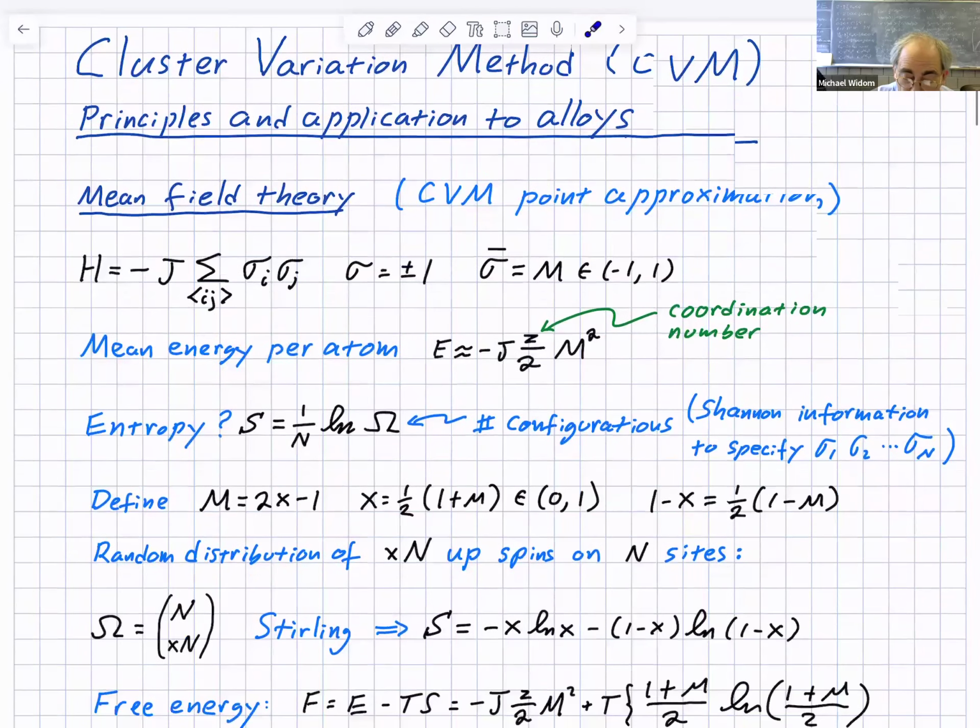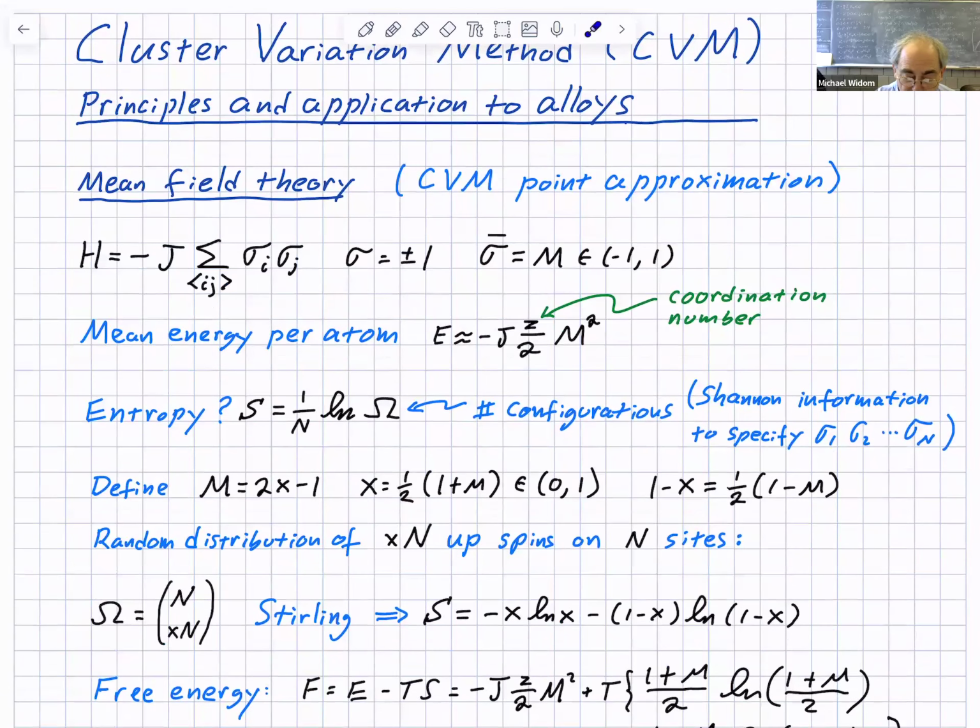So I'm also going to introduce an alternate spin representation, which is the magnetization, which is the mean value of the spin. Okay, so in terms of this mean value of the spin, we can write the energy as minus J, the coordination number divided by 2.